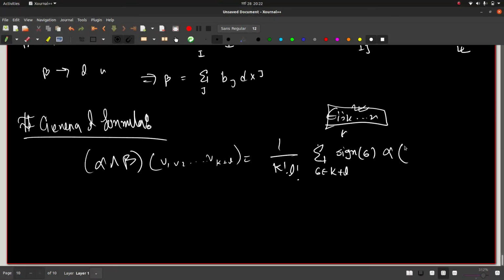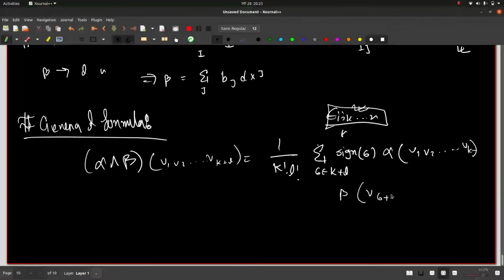Then you have this alpha, the differential form which will act upon these vectors, which is again just taking the projections, times beta.